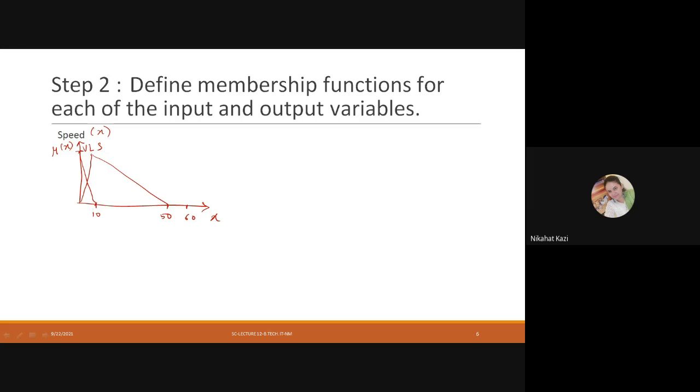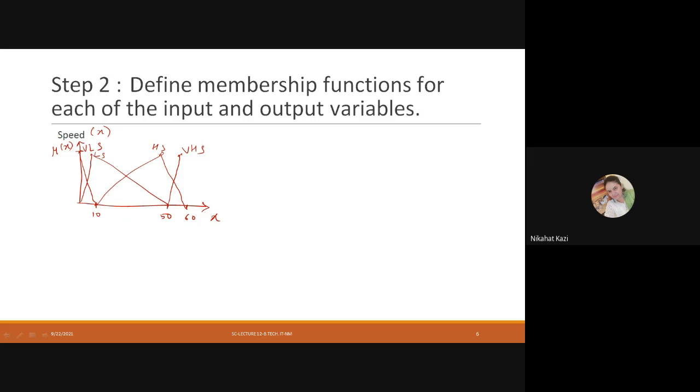Next is high speed. So this is low speed, right? Then is high speed. Again, you can start from here. Yes, this is high speed, and finally you have very high speed.